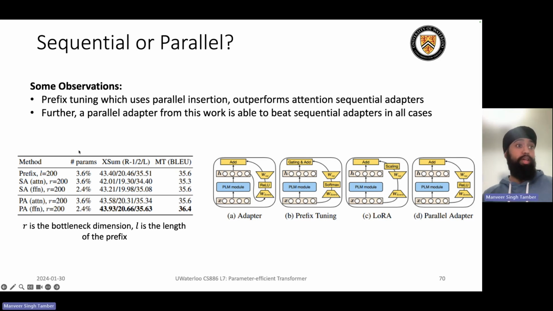One thing to note is that the number of parameters changed is kept comparable using these hyperparameters L and r, where r is the bottleneck dimension in the case of LoRA and adapters, and L is the length of the prefix in the case of prefix tuning. So a parallel adapter from this work is able to beat sequential adapters in all cases. And the parallel adapter is something that they introduce here.